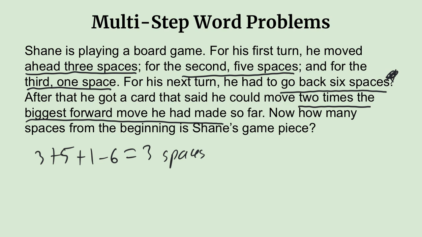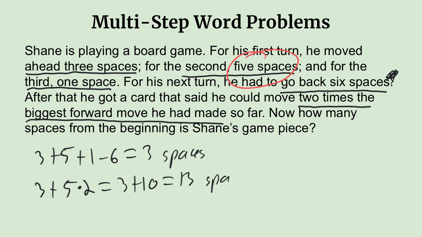So the biggest forward move he had made so far looks like it's 5 spaces. So we'll do 3 plus 5 times 2 because he can do 2 times his biggest move, which would be 3 plus 10 or 13 spaces from the start.